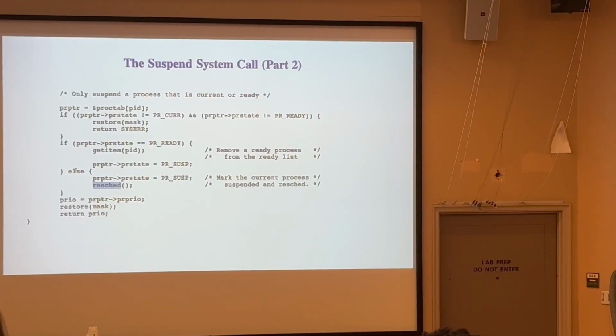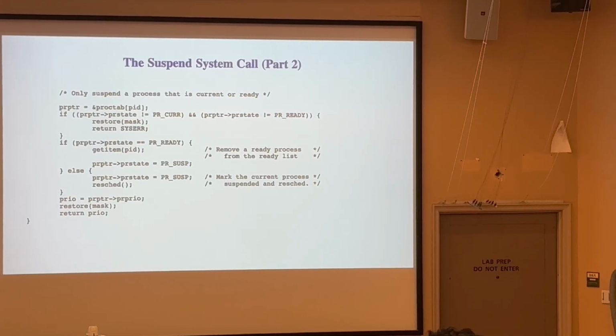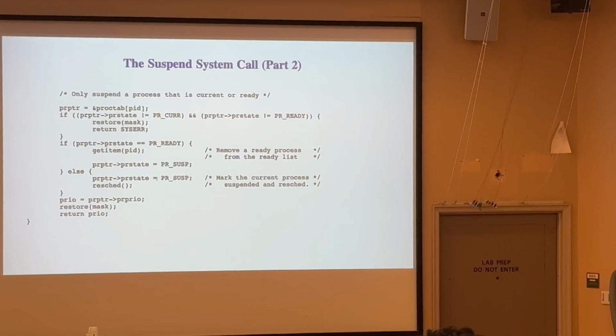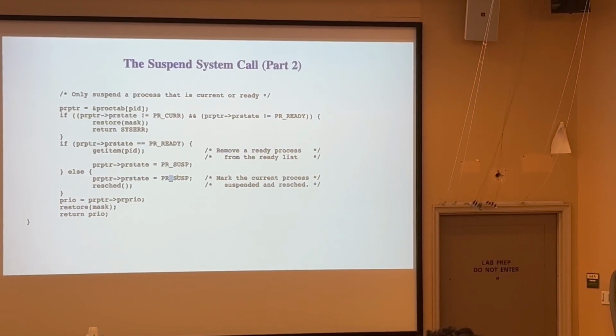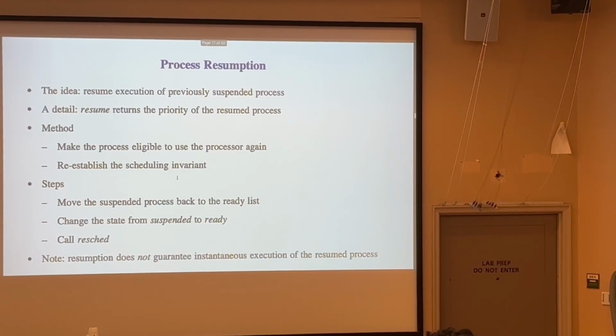This else means that it's in the current state. If it's in the current state, you just directly reschedule. When it's getting rescheduled, if it's in a suspended state, it will not be added to the ready list. So that's suspension.